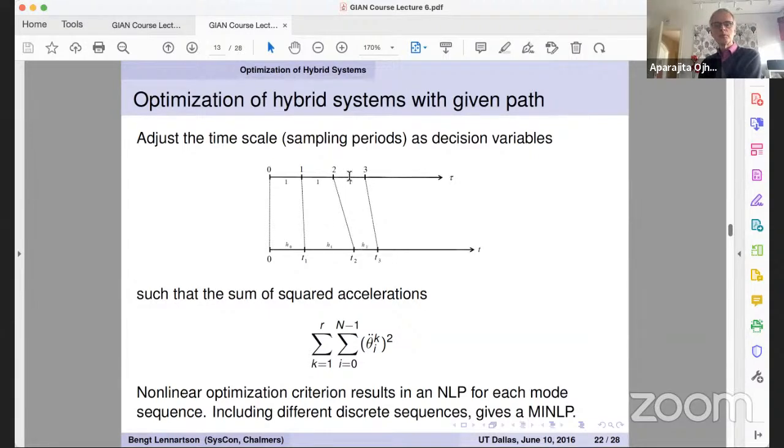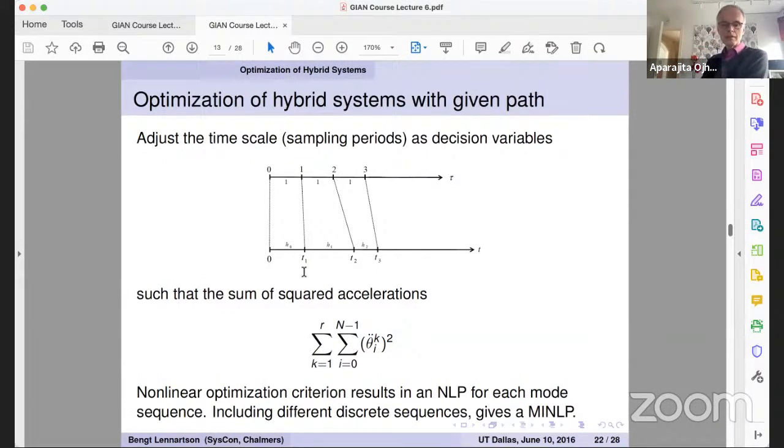And then you see that between 2 and 3, where I typically have some lower velocity, I could reduce the sampling period. In this way, it should give more freedom to velocity.